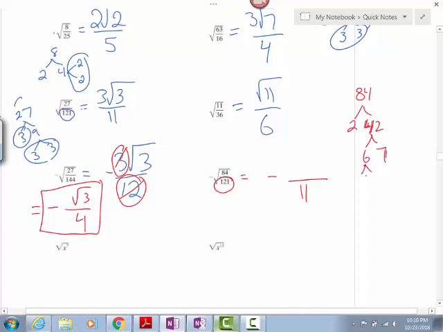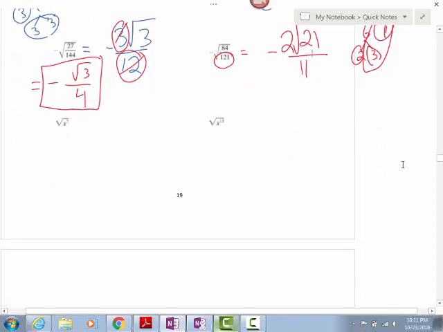And 6 I can break down into 2 and 3. So the numbers that I'm looking at here are these at the ends. The number that I have a pair of is the number 2. These numbers here are not paired up, so I've got to multiply them together, and that's going to stay on the inside. Okay.